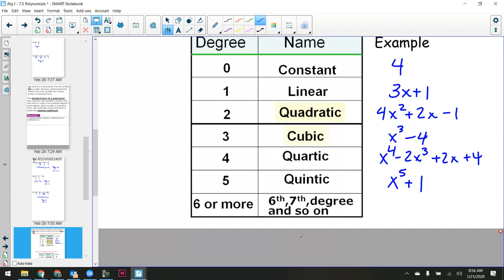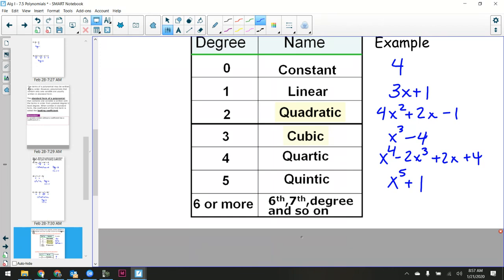But if you do get something bigger than 5, you just call it a 6th degree, or 7th degree, or 8th degree, or 9th degree. Anything above 5, you just call it that, and then the degree. Like if you have an x to the 10th, that's pretty big, you would call it a 10th degree polynomial.